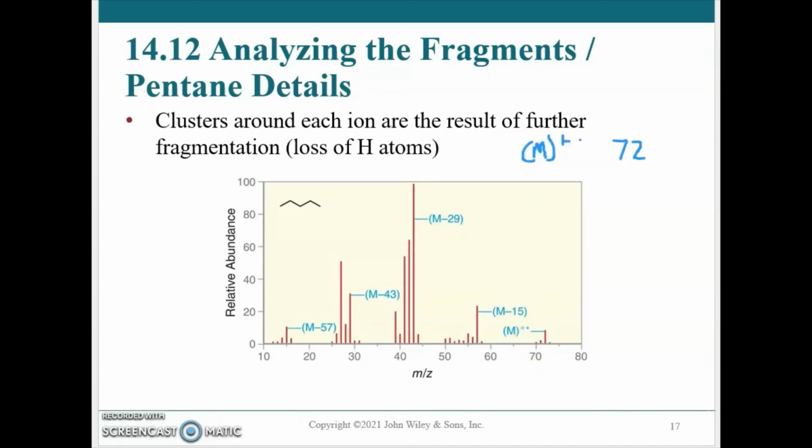If we look at this next significant peak, that's 57. If we do the subtraction, that's loss of 15. So we can recognize that from here to here is loss of a methyl group.